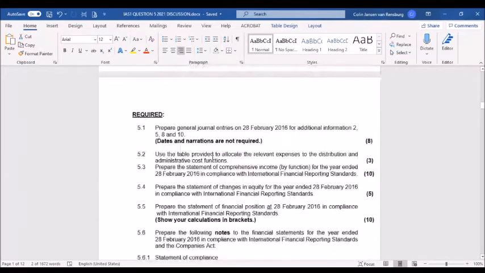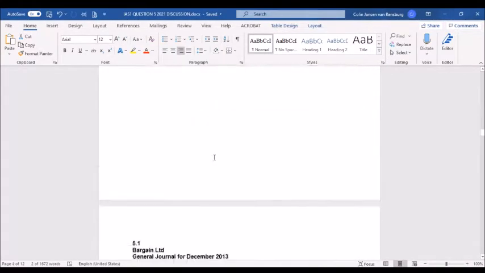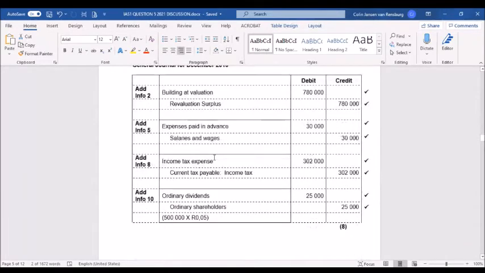You'll remember we raised a new journal entry where we debited expenses paid in advance, which we now know is a current asset. And we took that out of our salaries and wages, because that was an advance on the salary that somebody requested. So that is where that amount comes from, the expense paid in advance.